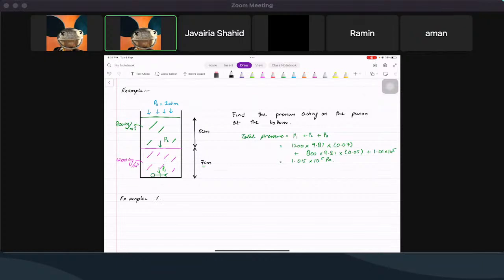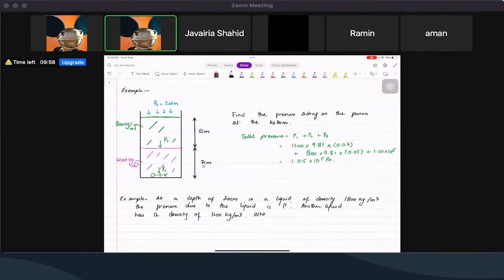Now it says at a depth of 20 centimeter in a liquid of density 1800 kg per meter cube, the pressure due to the liquid is P. Now they say another liquid has a density of 1200 kg per meter cube.